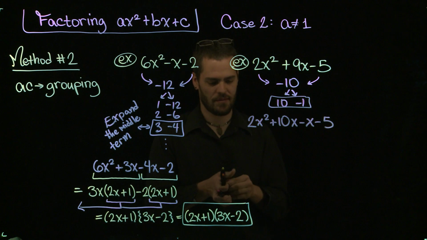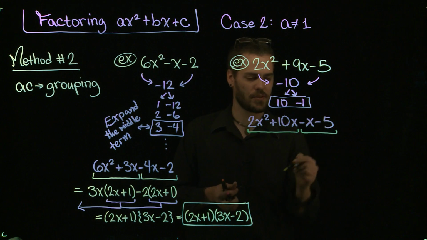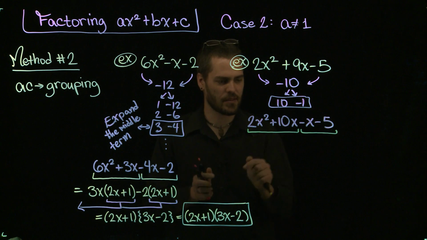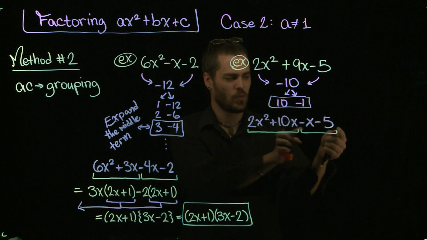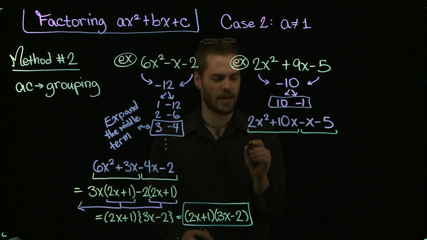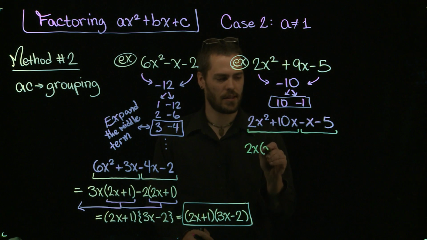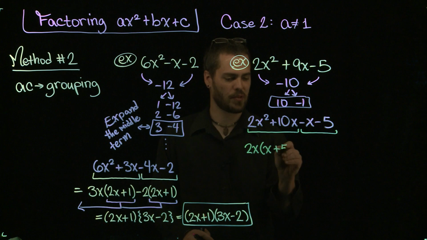Now proceed to factoring by grouping. I'm going to group these two, group those two. And you have to have even groups, okay? I couldn't do 3 and 1. It's got to be 2 and 2. Let me take out the common factor here, which appears to be a 2x. I'm left with x plus 5.